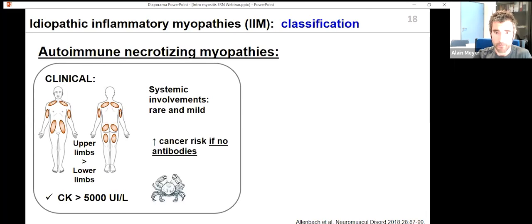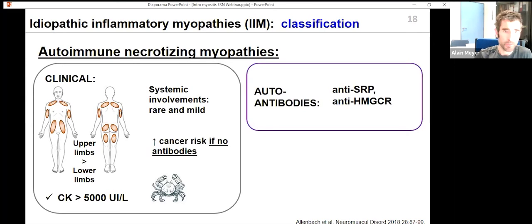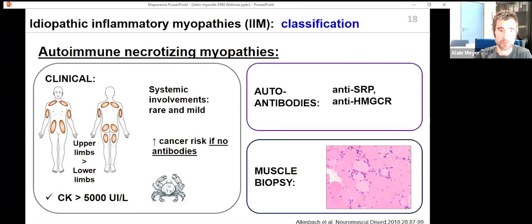The risk of an associated cancer is increased in patients without autoantibodies. 2 autoantibodies are highly specific of this subgroup, anti-SRP and anti-HMGCR. Muscle biopsy shows necrosis of muscle fibers with no or mild inflammatory infiltrate.